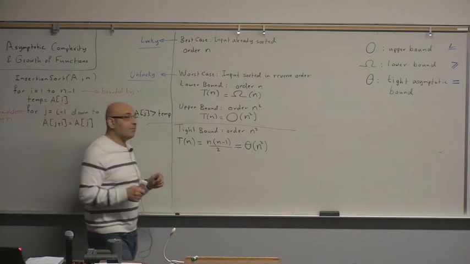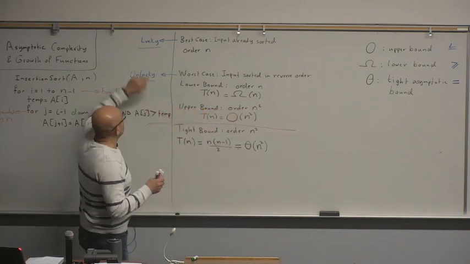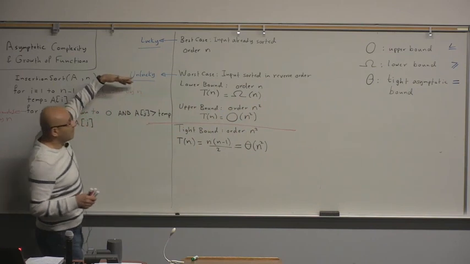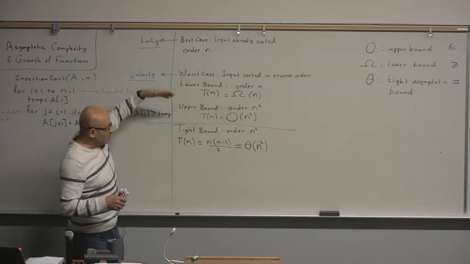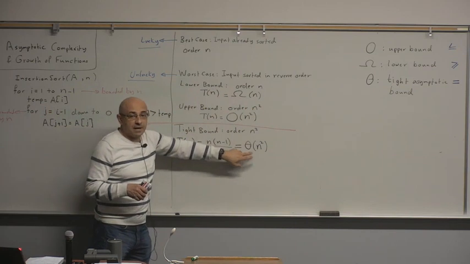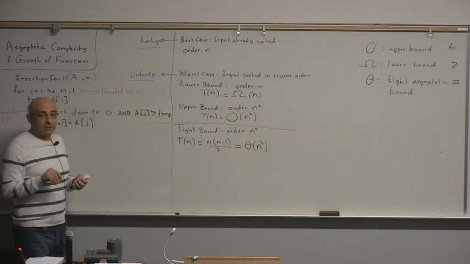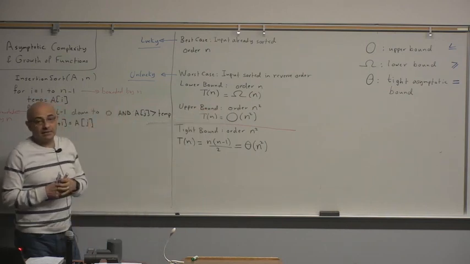It's the concept of lucky versus unlucky. Two different concepts. This is lucky, this is unlucky. And for the unlucky case, you can express it using these 2 bounds, or you can express it using the more precise tight bound. So it's a common mistake to think of omega as a best case.